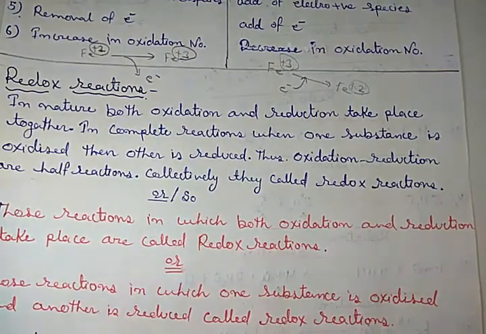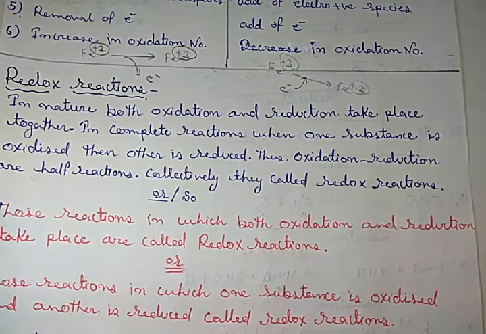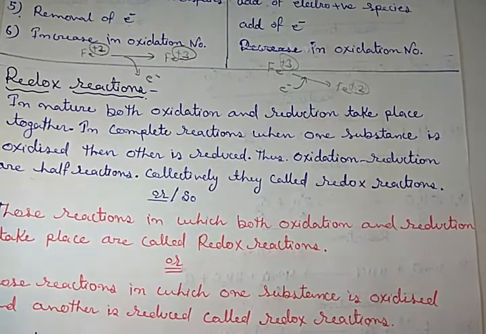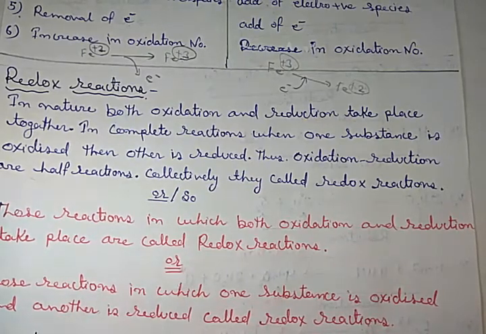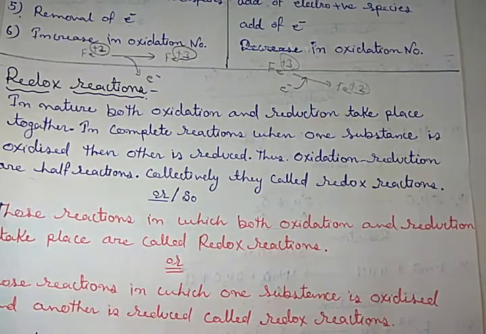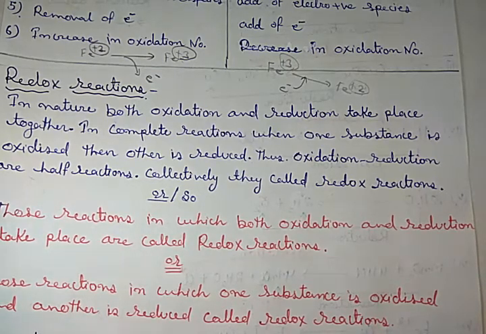That means in a complete reaction, if one substance is oxidized, then the other one will be reduced. Thus oxidation and reduction are half reactions if we consider them individually, and when we combine them, the reaction formed is known as redox. Re stands for reduction and Ox stands for oxidation.